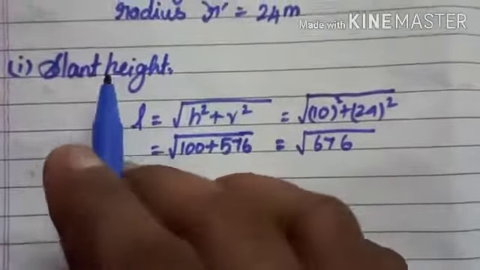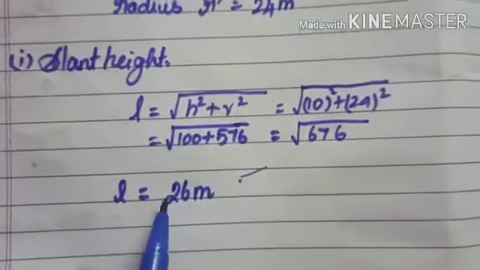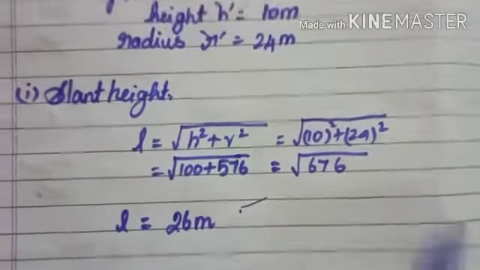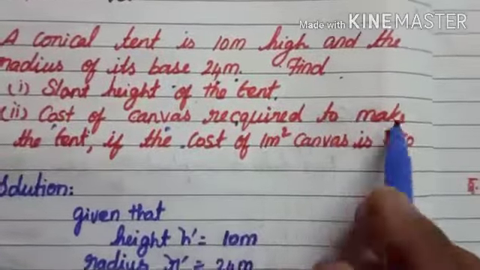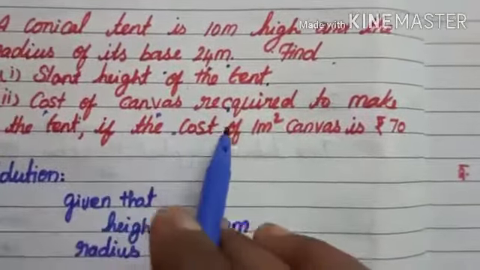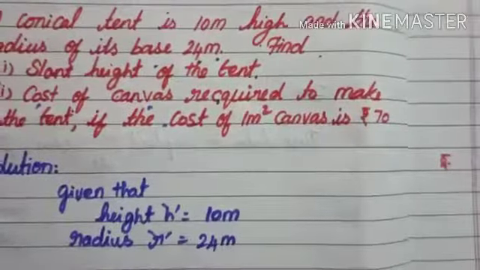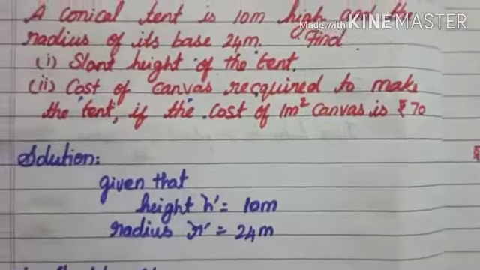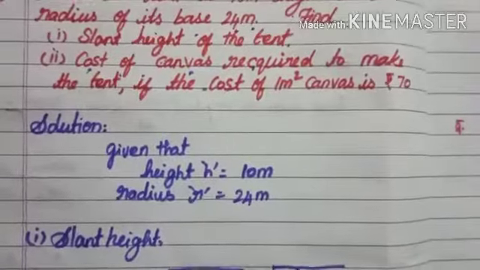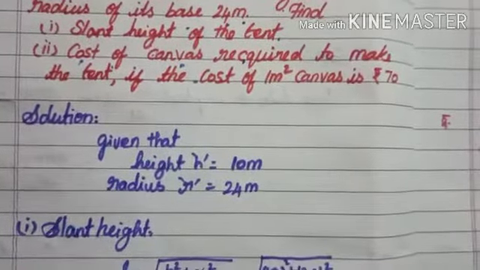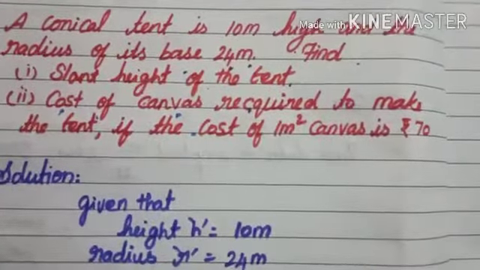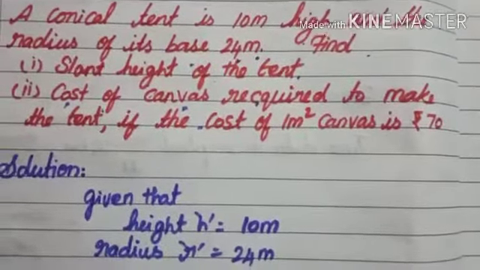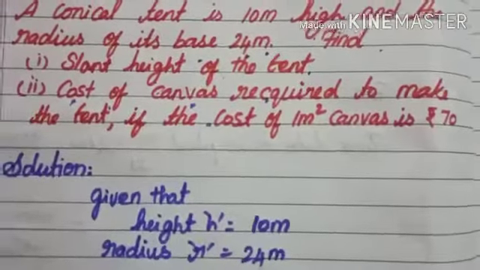So first we found the slant height, and next we need to find the cost of canvas required to make the tent if the cost of 1 meter square canvas is rupees 70. So how do you find the canvas? Before you find the cost, you need to find the curved surface area of the conical tent.